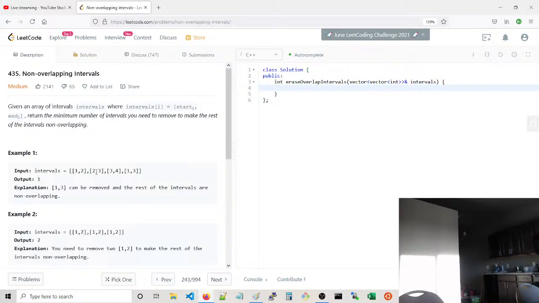Let me just think. Yeah, the intervals on the left that overlap would be... I'm actually not sure about this.